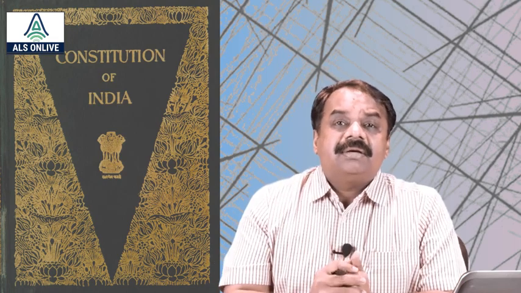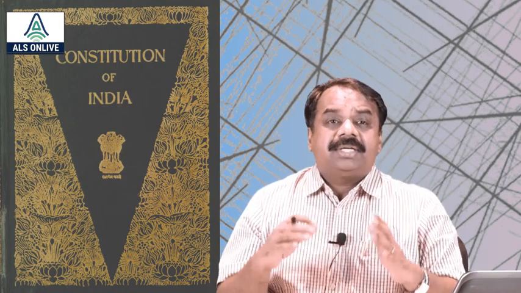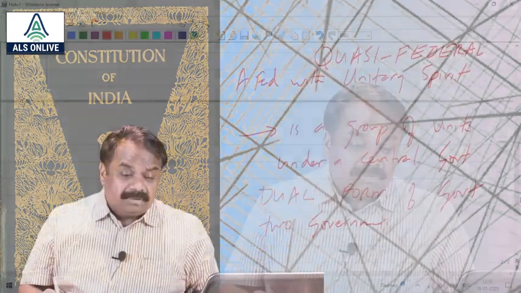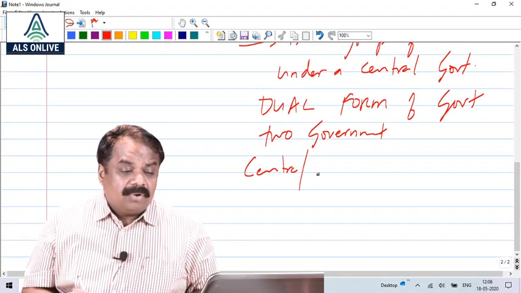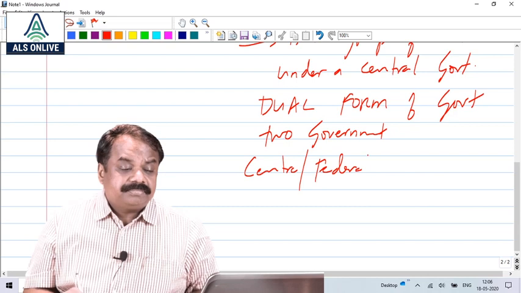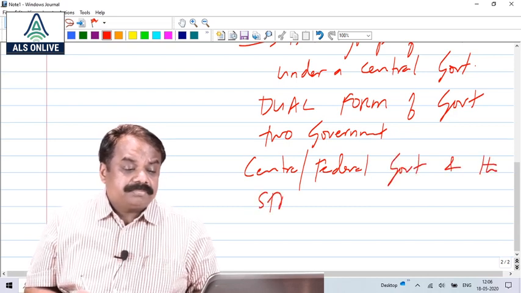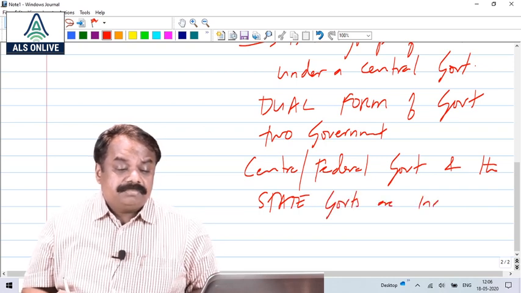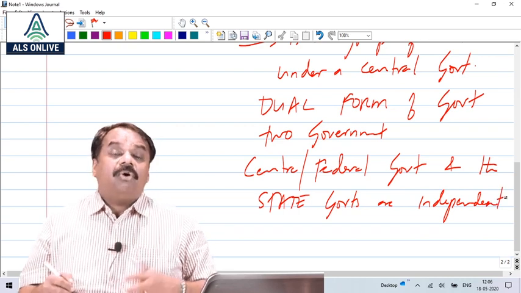So, in a federation, the government is divided into federal and state governments. A federation is divided in such a way that both are independent. In a federation, the center or the federal government and the state governments are independent, and they are coordinate authorities.